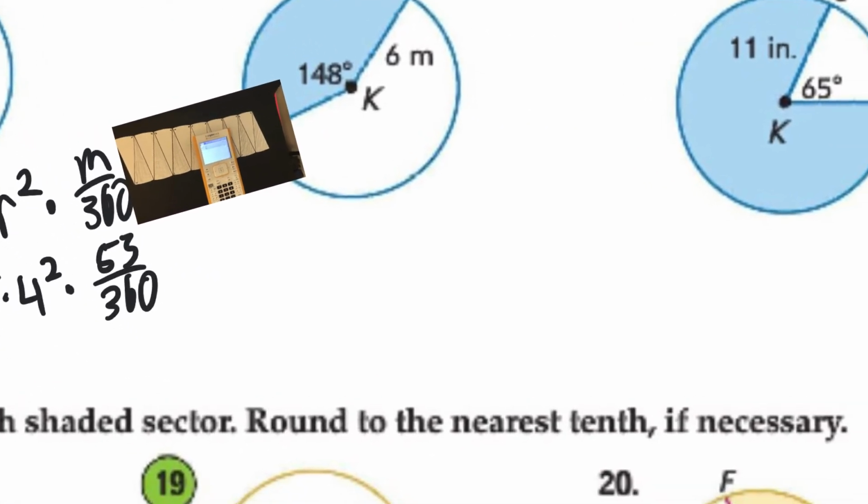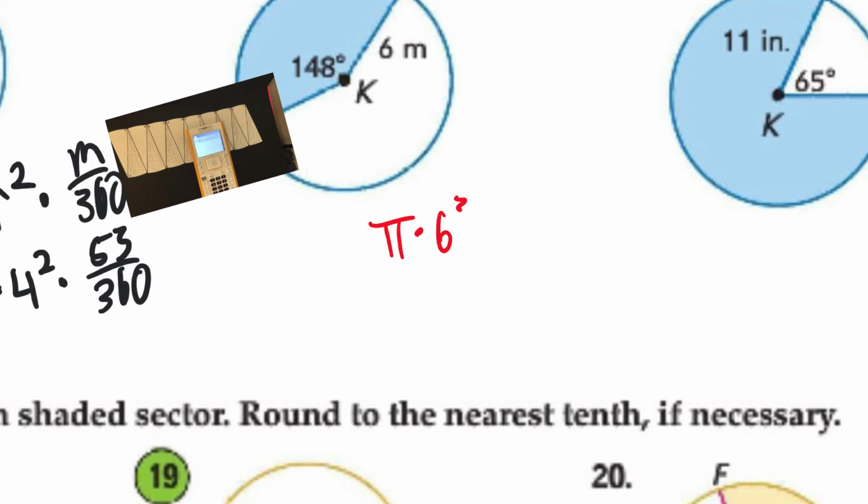All right, next one. So we're going to do pi times 6 squared times 148 over 360.